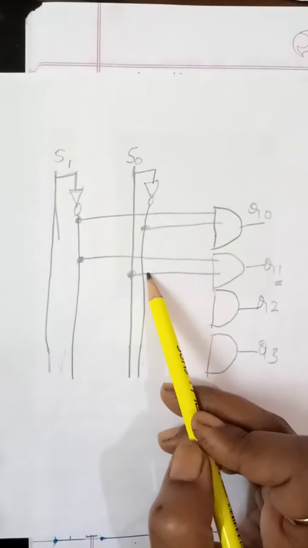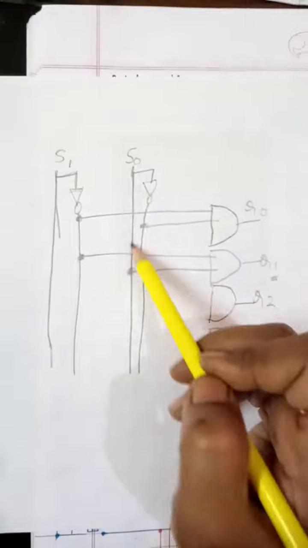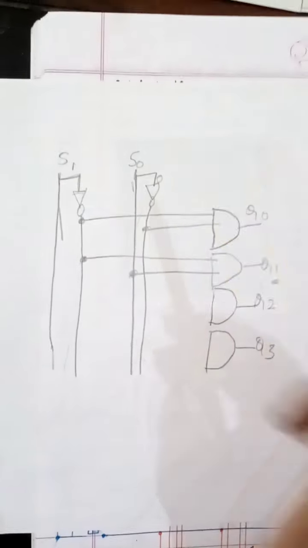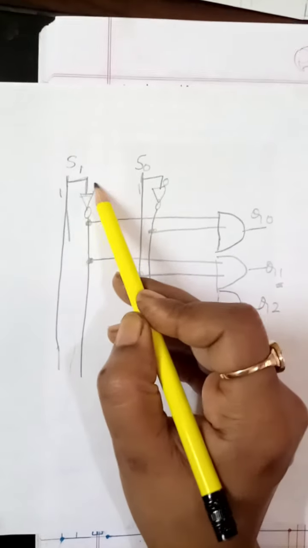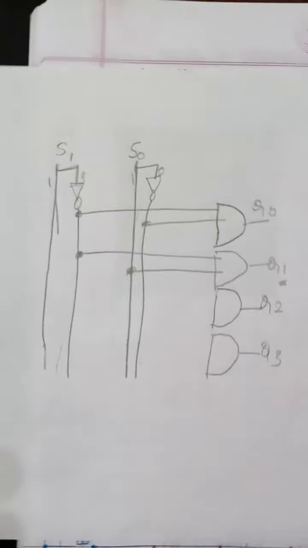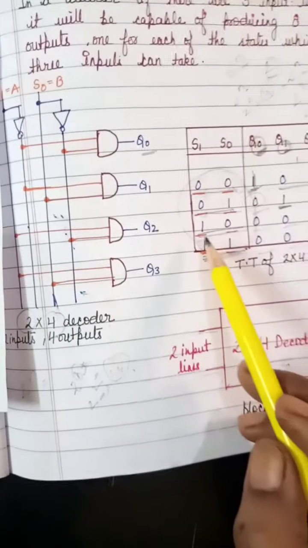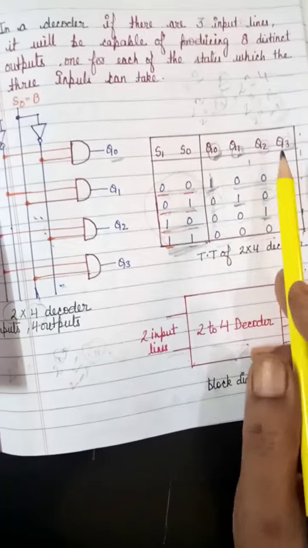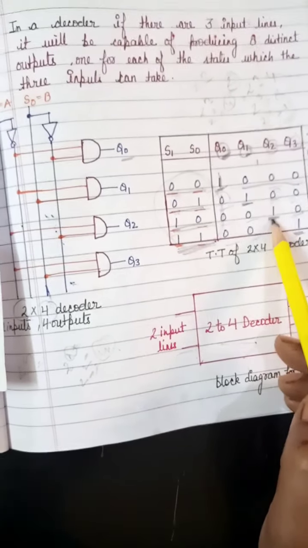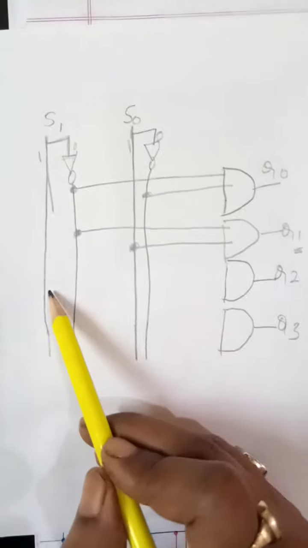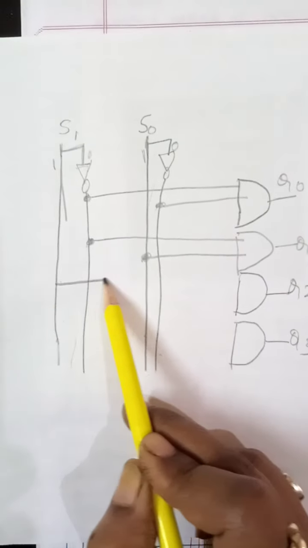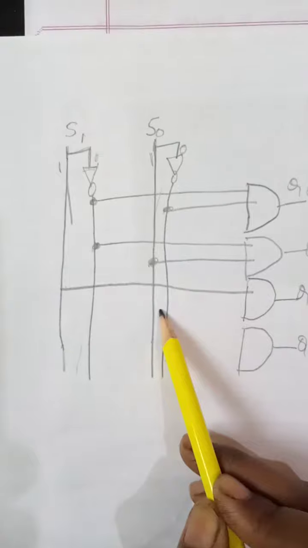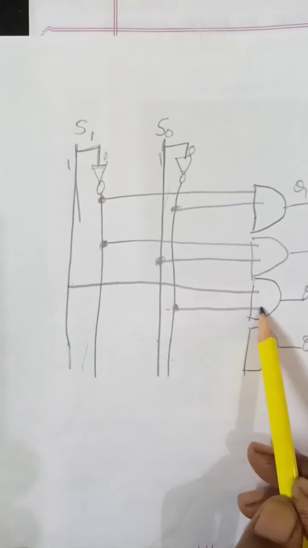So this line means 1 and this one is 0 actually. Now the next is 1, 0. For Q2 we are getting 1 where the combination is 1, 0. So this is 1 of S1, 1 and 0.